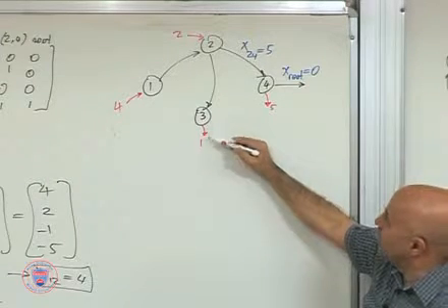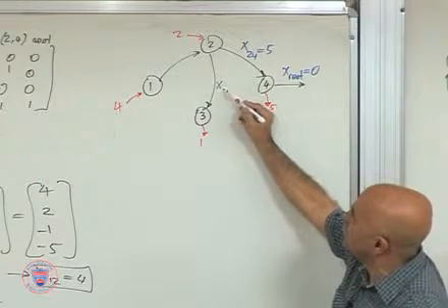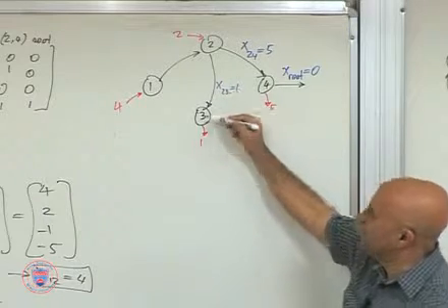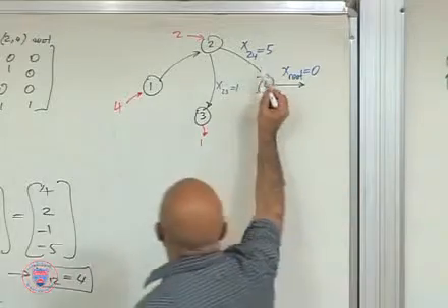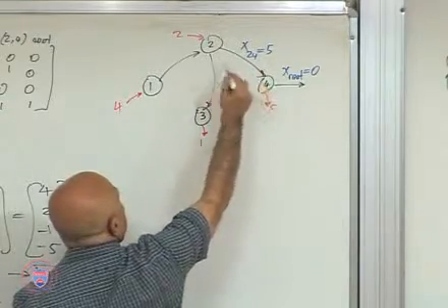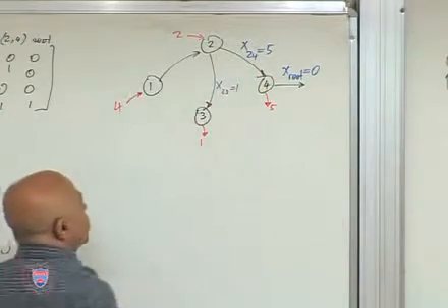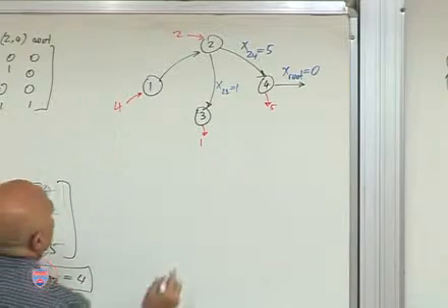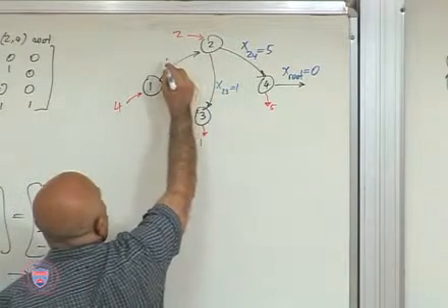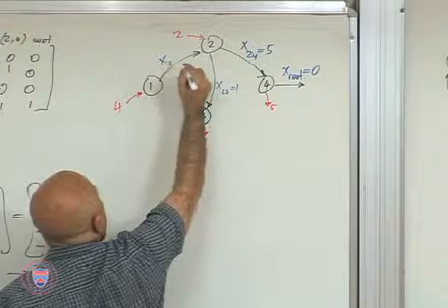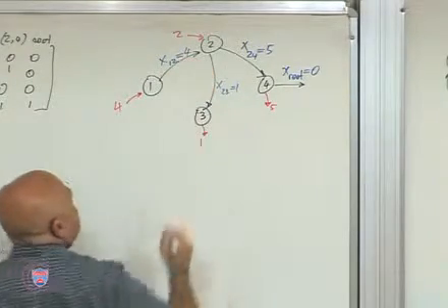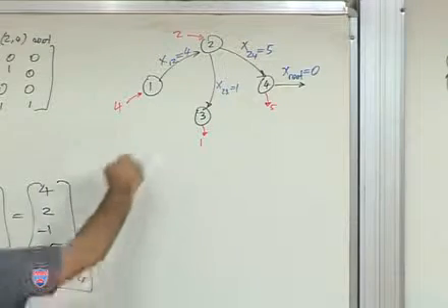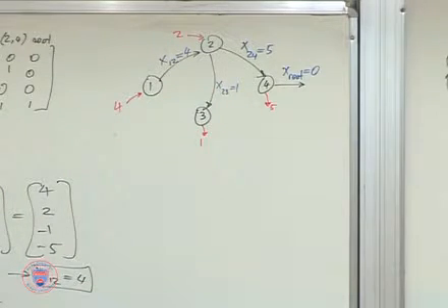This one has 1 unit coming out, so x23 has to be 1 unit coming in. And over here, I've got 5 plus 1 coming out, 6 coming out, 2 coming in already. So I need x12 value of 4, right? Which, of course, also balances this one.